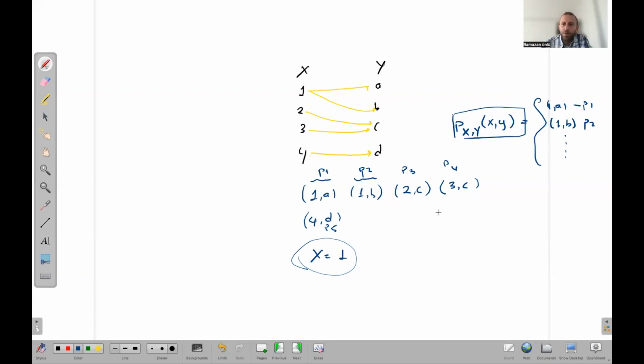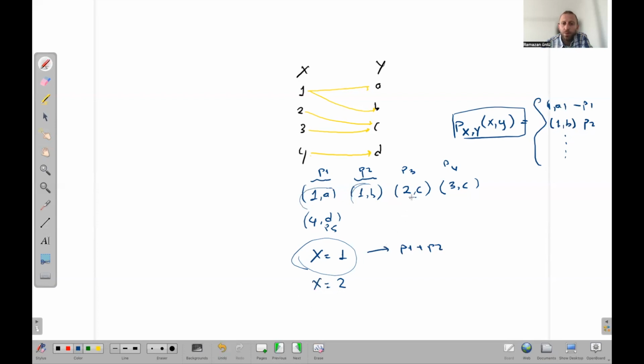And I'm asking you, what is the probability that X is equal to 1? In which case does X take 1? This one and this one, right? So the probability will be P1 plus P2. What is the probability that X is equal to 2?